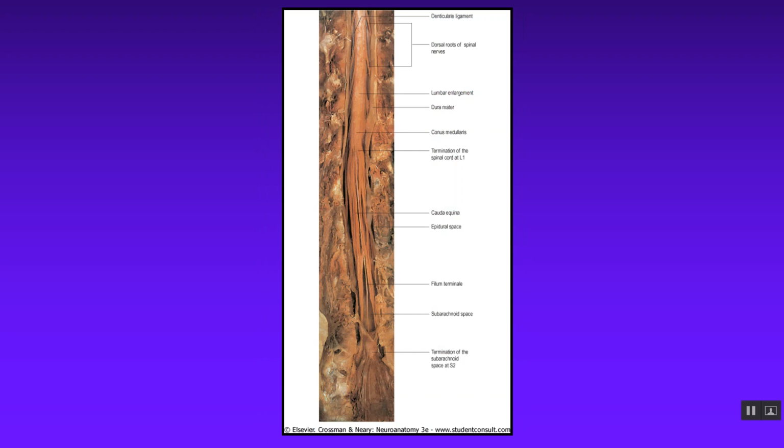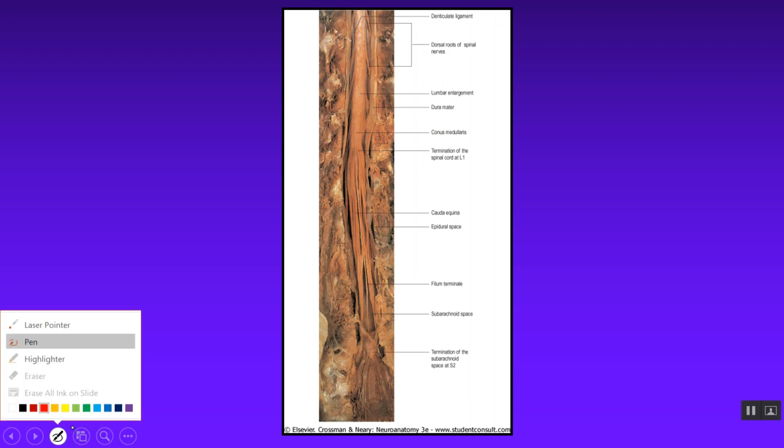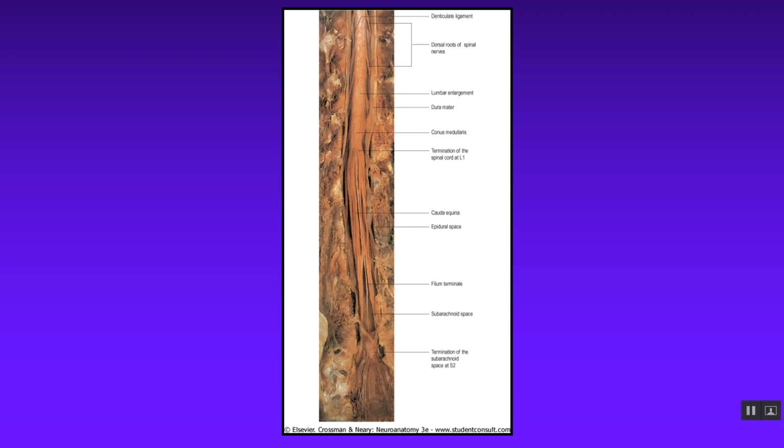This is a hard picture to wrap your head around, but this is looking at the back of a cadaver that's had a laminectomy all the way down. They've taken the lamina off the spinal column, so you're seeing the spinal cord lying in the spinal canal, and this is the conus medullaris right here, the tip of the spinal cord, and then this is the cauda equina, all this stuff here.